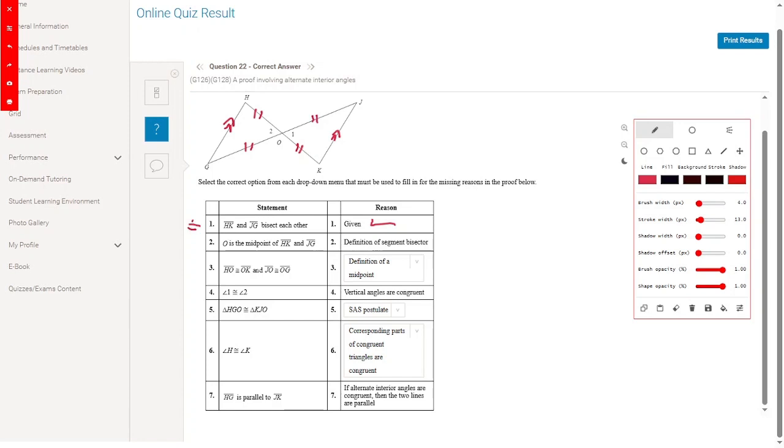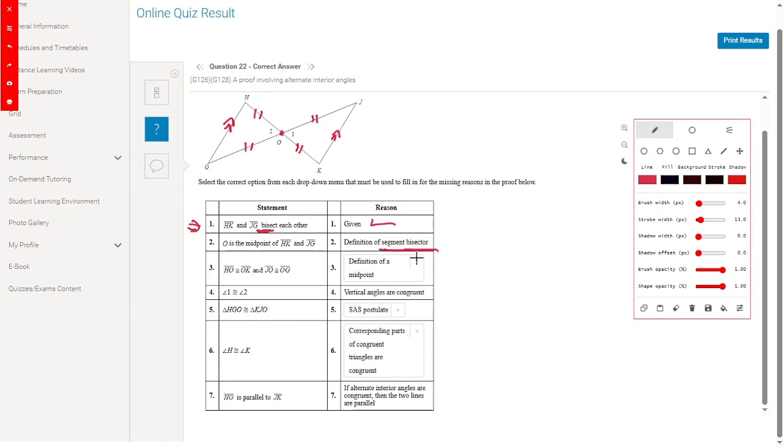So the first one, we said HK and JG bisect each other, so it's given. Now O is a midpoint of HK and JG. This is because it says bisects, so this is a segment bisector.